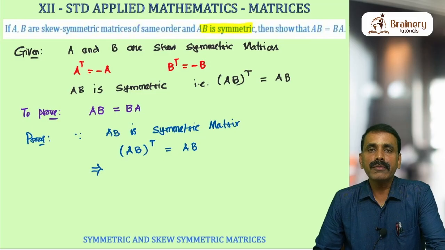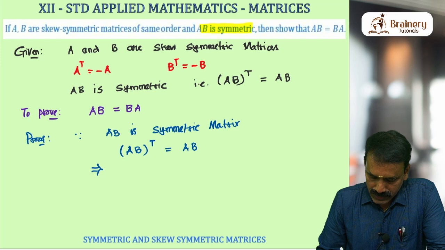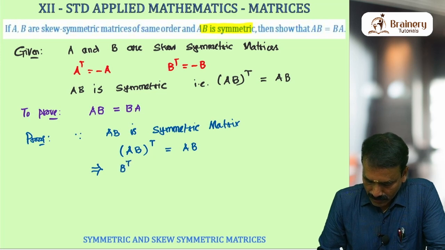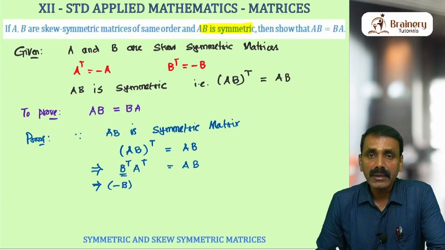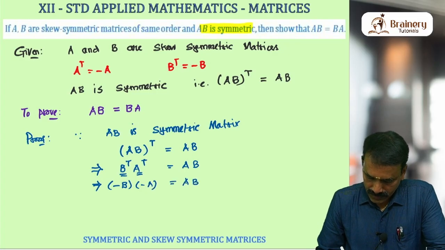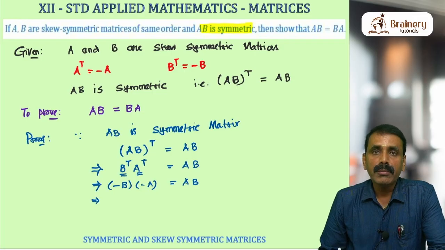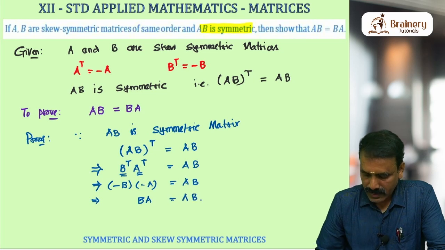Now again we make use of the transpose of the matrix product. AB whole transpose is equal to B transpose A transpose, which is equal to AB. Already we know B transpose is nothing but minus B, and A transpose is nothing but minus A, which is equal to AB. So minus B into minus A. Minus into minus will be plus. So BA is equal to AB. Hence proved.